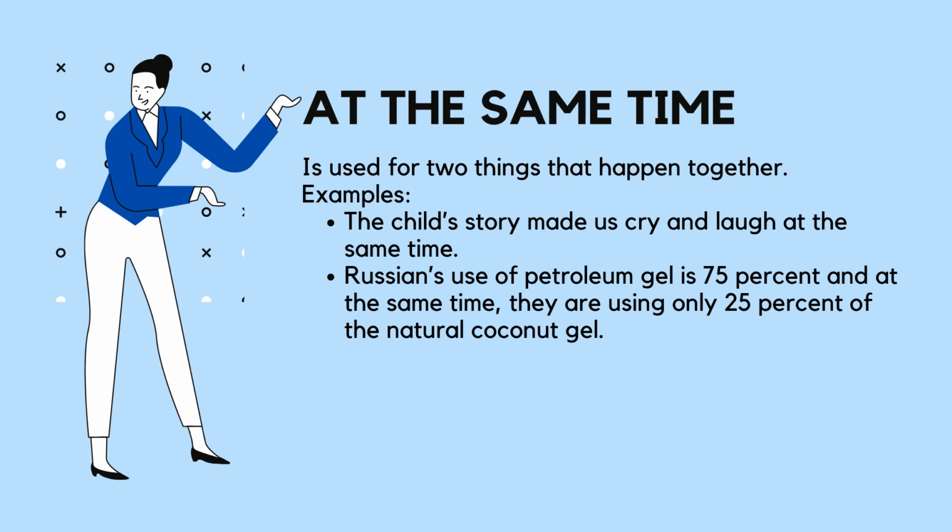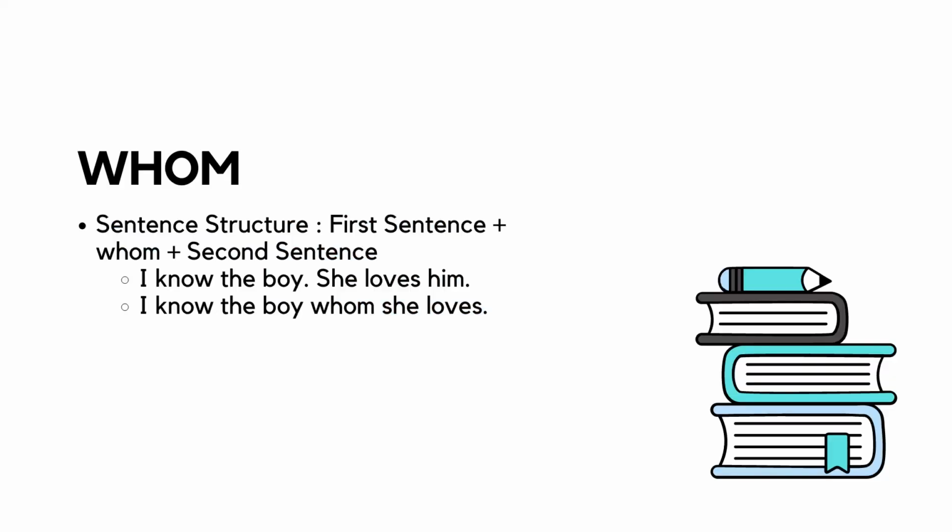Here, use of petroleum gel is 75% and they are using only 25% of the natural coconut gel. Both of these events occurred at the same time, and so we have used "at the same time" to describe the event.